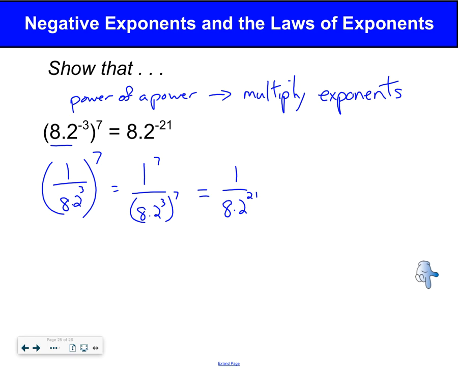Now we can use the properties of exponents we learned today, and I can flip this back up to the numerator and change the sign, and I will have 8.2 to the -21st power, which, as you can see, is the same thing they had here. So that's how we're able to prove that with the power of a power, we can just multiply the exponents, and it does, in fact, still work for negative exponents.